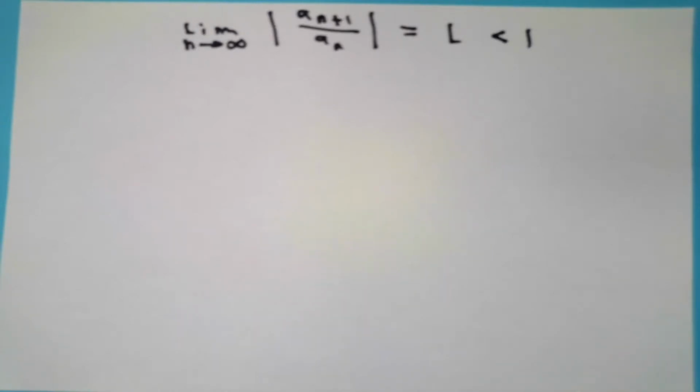So I'm going to take as my premise that the limit as n tends to infinity of the absolute value of the next term of the series divided by the one before, the term on top over the term on the bottom, is going to be equal to some actual number L, and this number L is strictly less than 1.